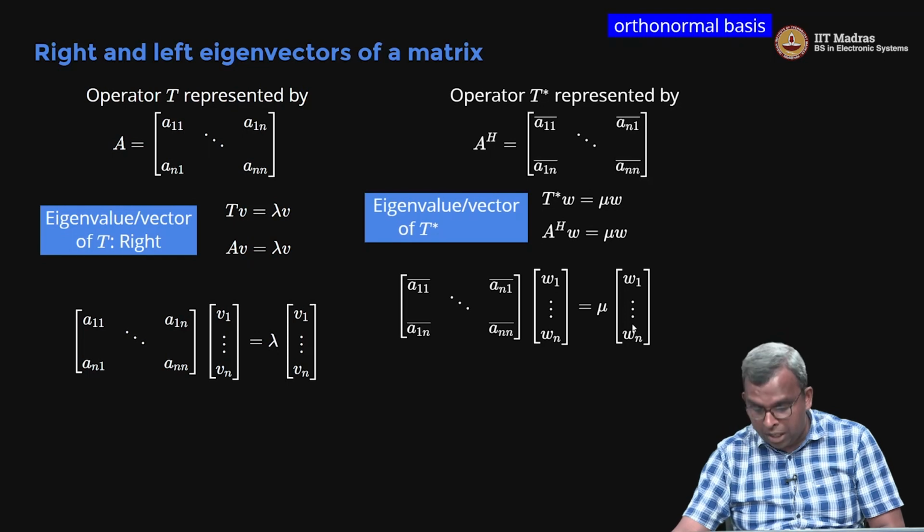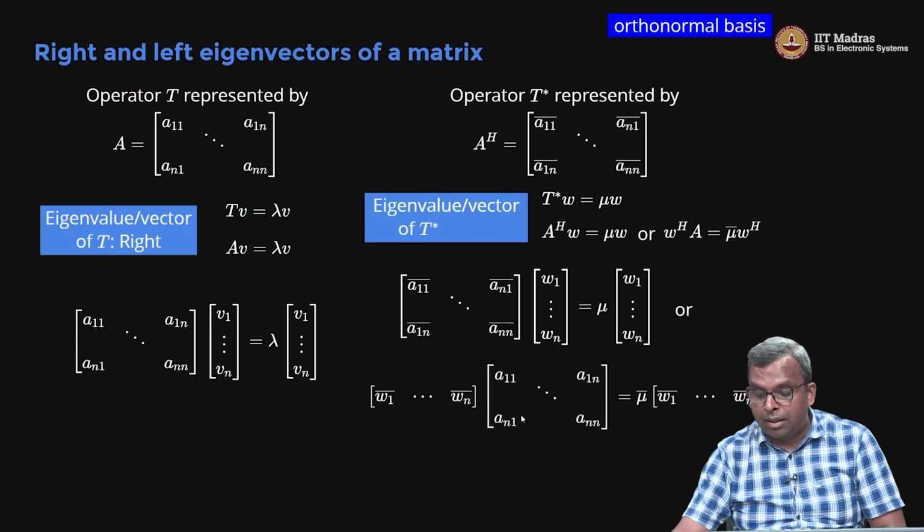This equation is nice enough, but then I can take Hermitian on both sides. If you take Hermitian on both sides here, I'm going to get W Hermitian times A equals mu bar, the conjugate of mu, times W Hermitian. So you notice here that this is a row vector multiplying A on the left, and then you get some constant value mu bar, which is like the eigenvalue, multiplying the same vector directly.